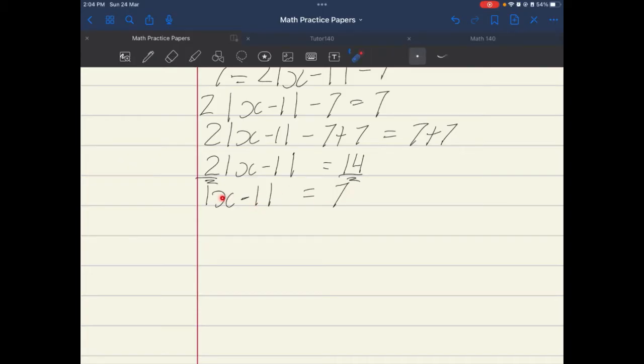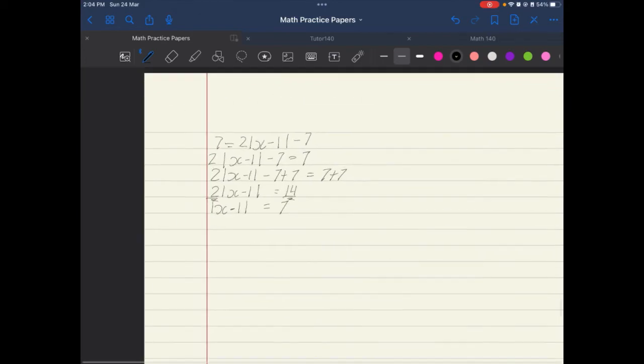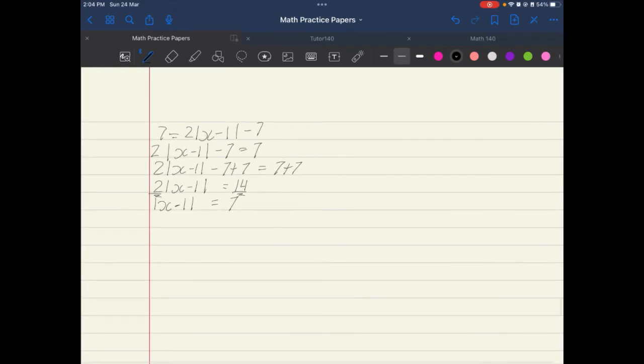Okay. Now, to take this out of the absolute value, we write it as 2 options, right? So we have x minus 1 is equal to 7, and then we have x minus 1 is equal to negative 7. And then we just solve. x is equal to 7 plus 1, because we add 1 to eliminate it from this side. x is equal to 8.